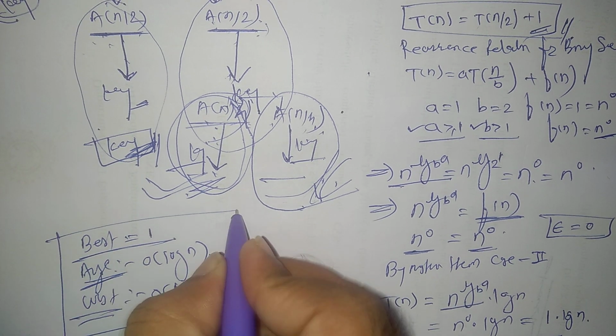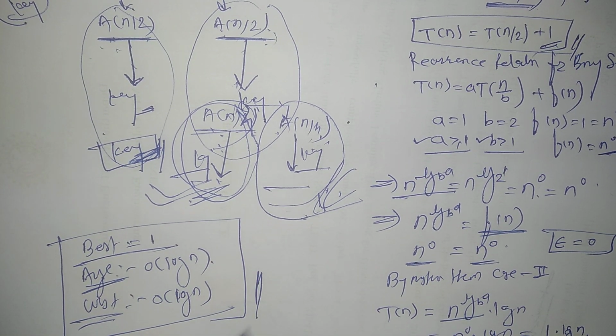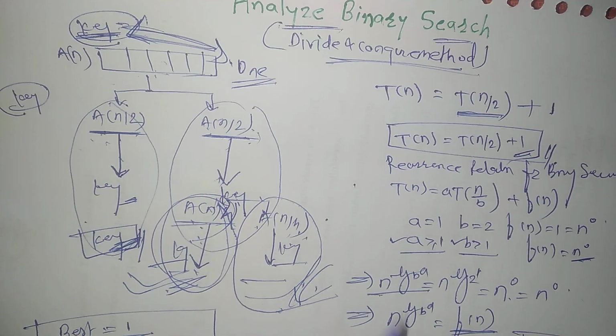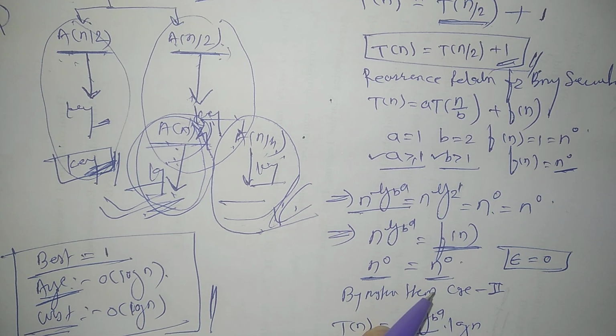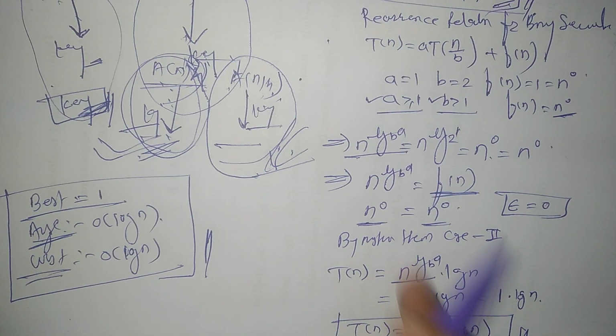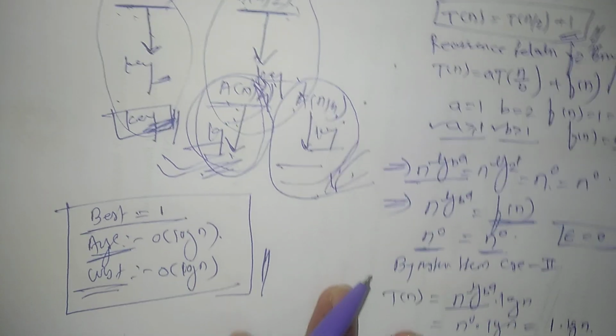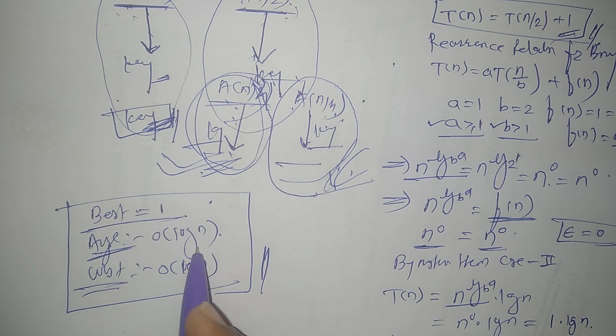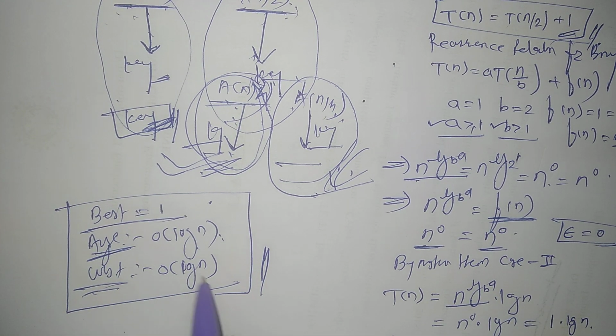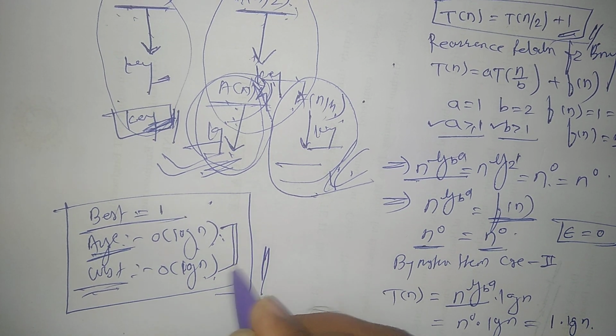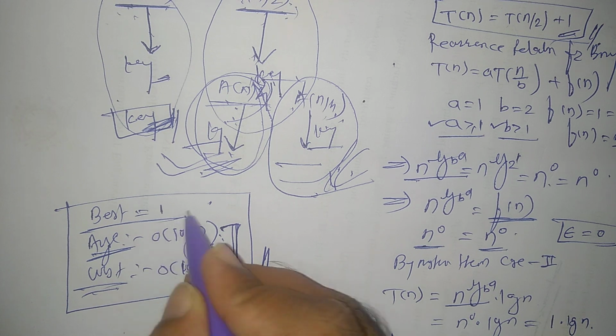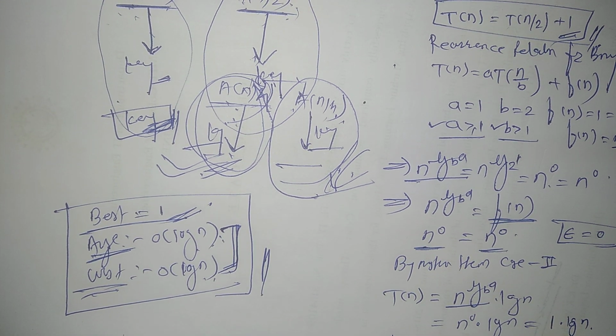So with all 3 complexities, we finalize the analysis of binary search, after the recurrence relation is solved using the master theorem. The best case complexity is O of 1, the average case is O of log n, and the worst case is O of log n. So average and worst are both O of log n, and best case is O of 1.